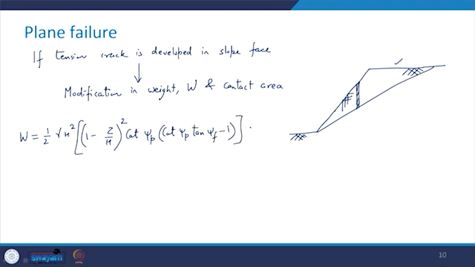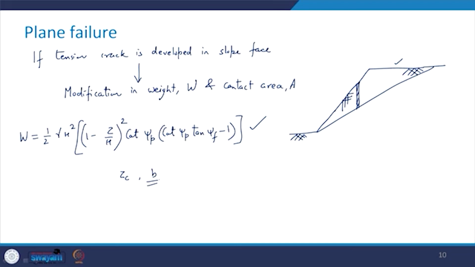So, this is how the weight W can be derived, and accordingly you can find out the contact area A, and then use those expressions as we did in the earlier case and obtain the critical depth of the tension crack and its location as well.